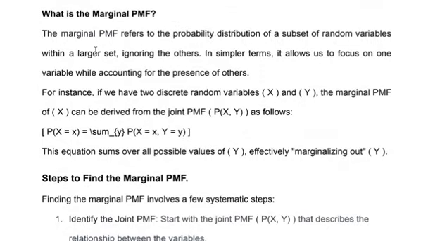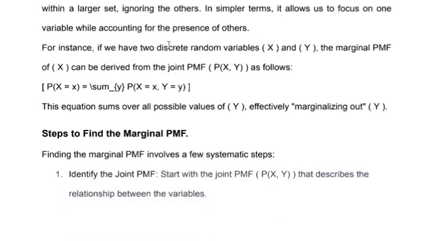What is the marginal PMF? The marginal PMF refers to the probability distribution of a subset of random variables within a larger set, ignoring the others. In simpler terms, it allows us to focus on one variable while accounting for the presence of others.